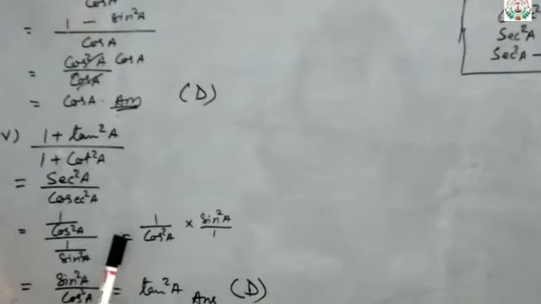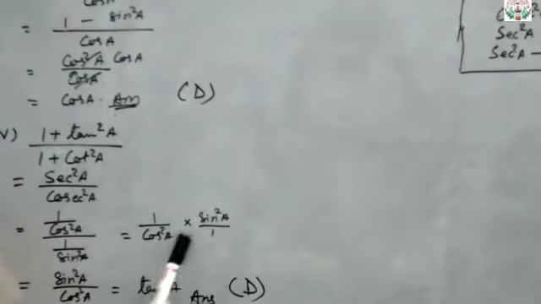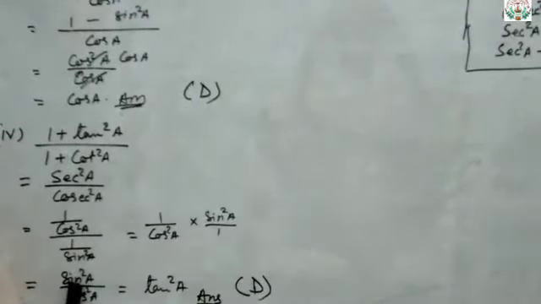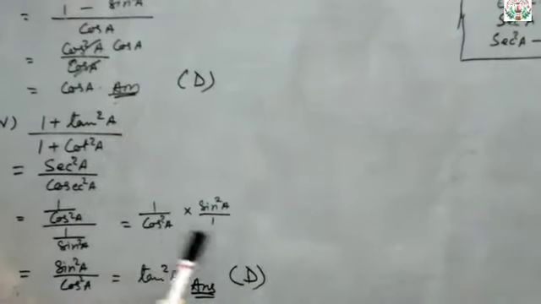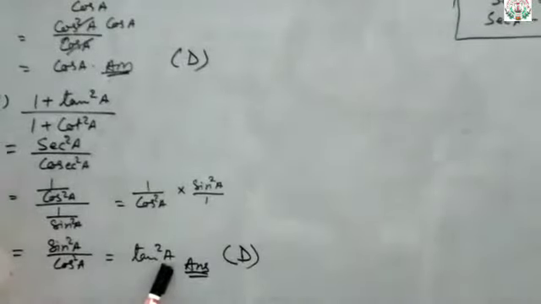So this equals 1 upon cos square A into sin square A upon 1. So the numerator is sin square A and the denominator is cos square A. Sin square A upon cos square A equals tan square A.